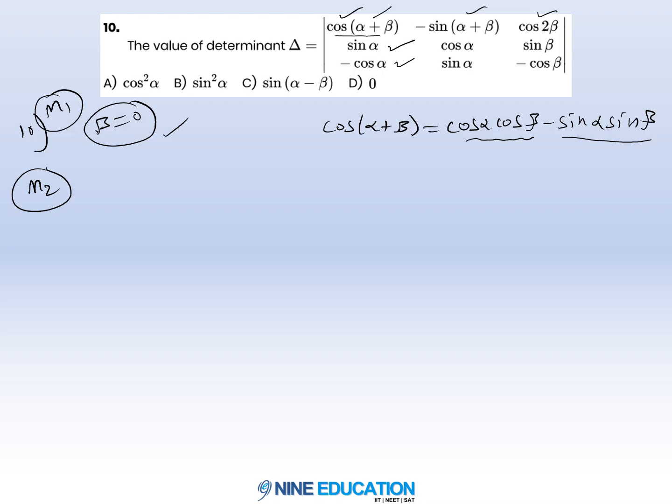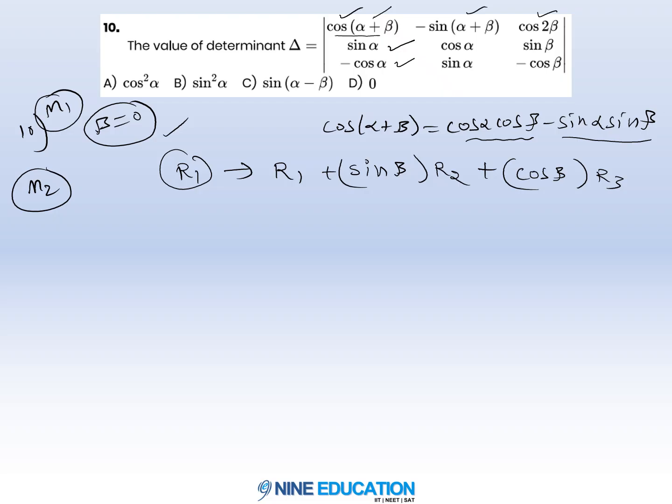That means we need to apply this operation: R1 tends to R1 plus sin beta into R2 plus cos beta into R3. If we apply this operation, sin beta into the row 2 element sin alpha gives plus, while here we have minus. If you multiply cos beta with the row 3 element, we get minus cos alpha cos beta, and from the row 1 element we have plus cos alpha cos beta.